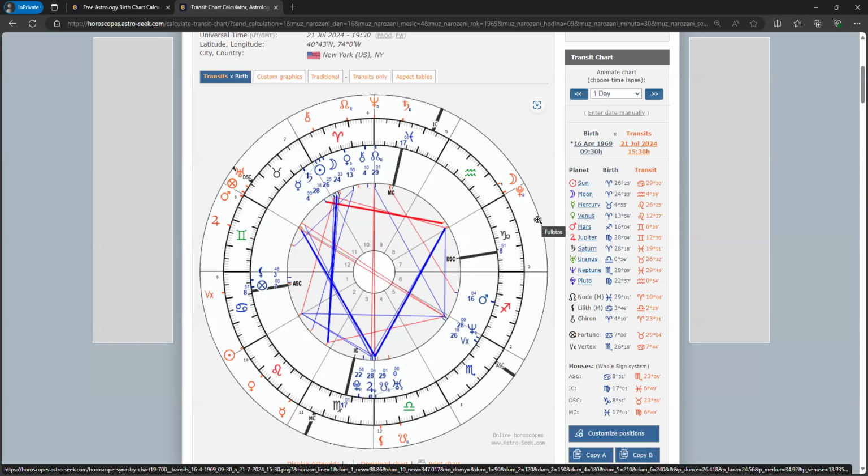Basically, a solar return chart is when the sun returns to the same degree as the time you were born, not necessarily your birthday, because sometimes it might be before your actual birthday, like a day before or a day after, right?